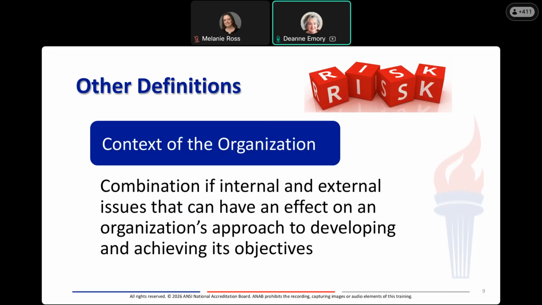Our final definition is context of the organization. This is a combination of internal and external issues that can have an effect on an organization's approach to developing and achieving its objectives. This is a concept introduced in the ISO 9001 standard. It is not required by, for example, ISO 17025, but it is a useful tool in risk-based thinking.